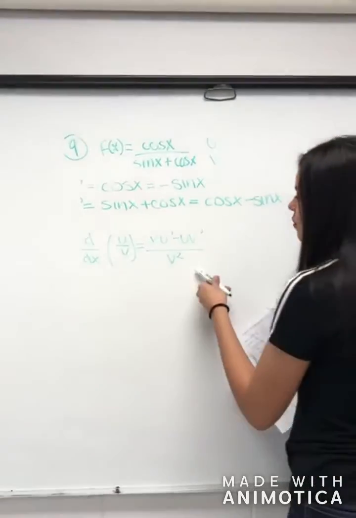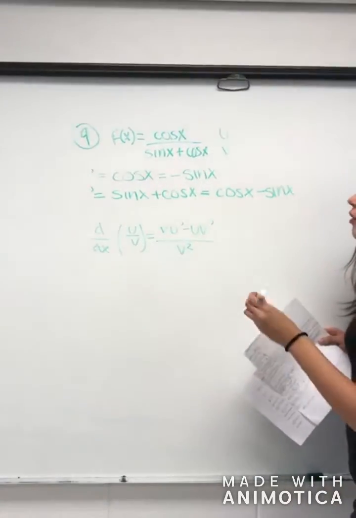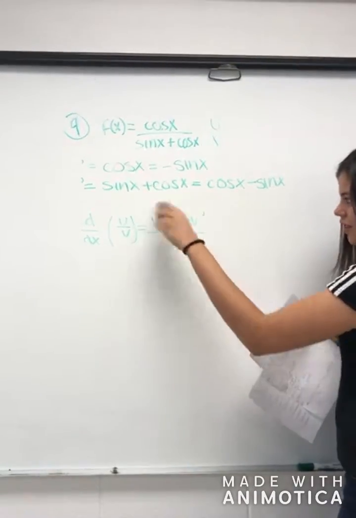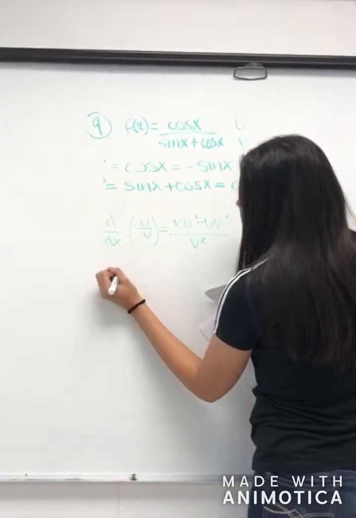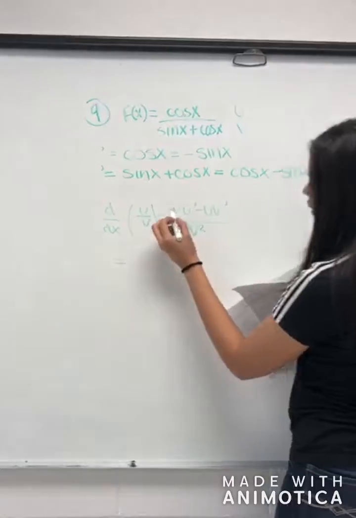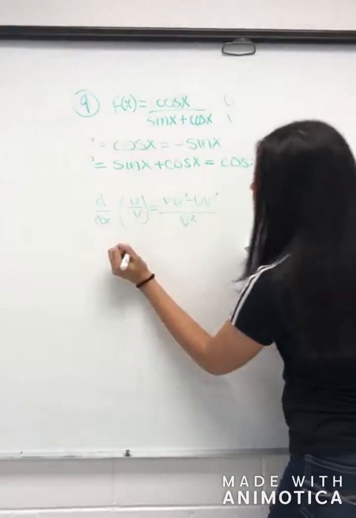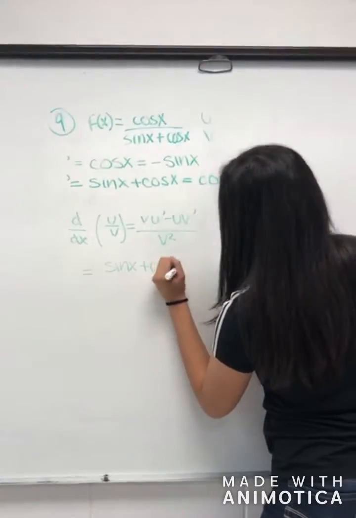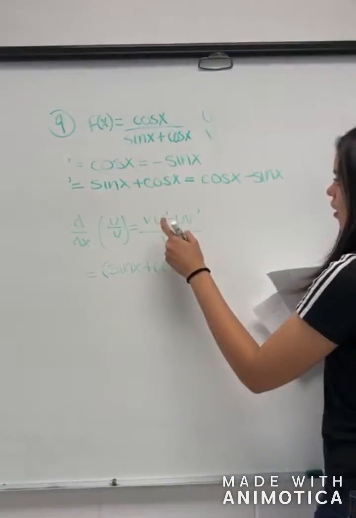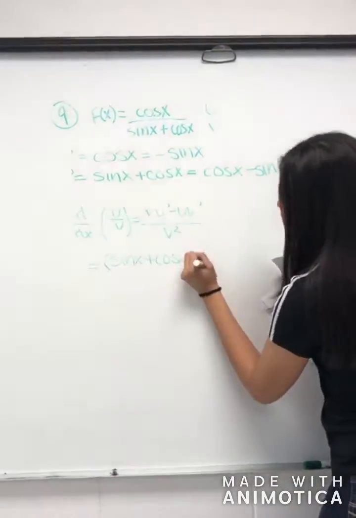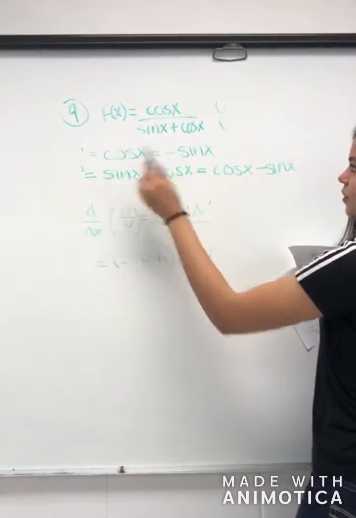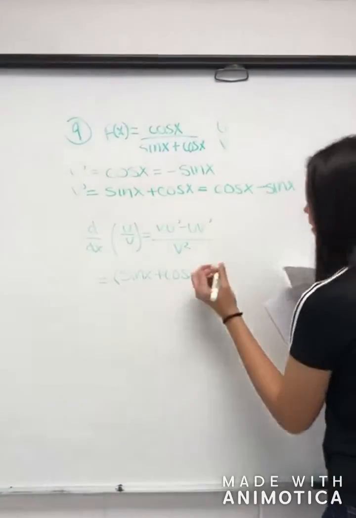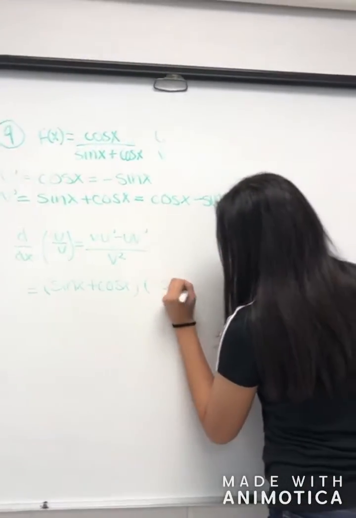We have to use this formula, so we're going to change the values in this form. We have to put the v, that is sine x plus cos x, multiplied by the derivation of u, that is minus sine x.